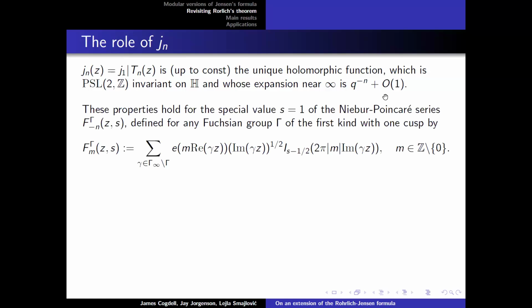And then we recall that these properties hold also for the special value at s equals 1 of the Niebur-Poincaré series. I will denote the Niebur-Poincaré series F_{-n}^Γ(z,s), which are defined for any Fuchsian group Γ of the first kind by this expression, which is of course valid only for the real part of s bigger than 1.